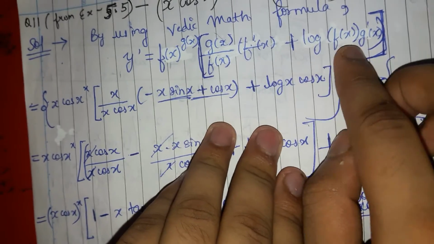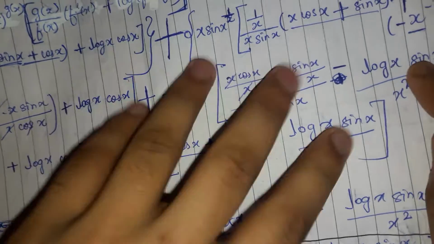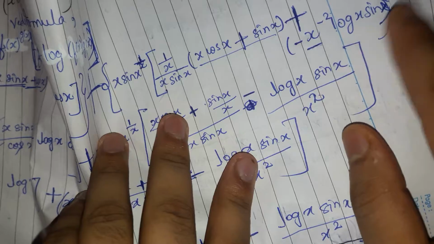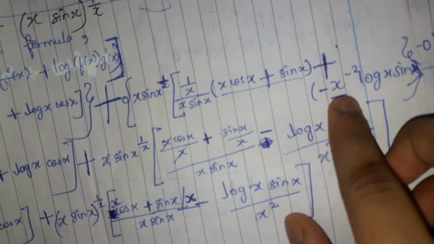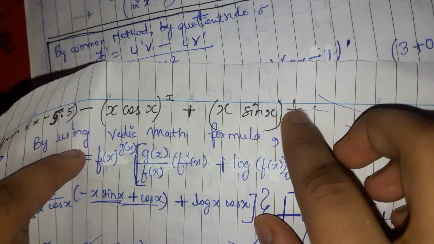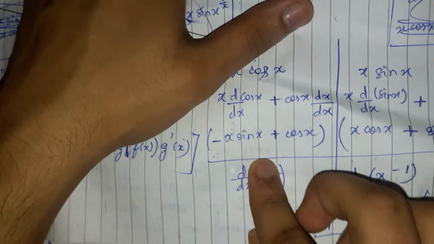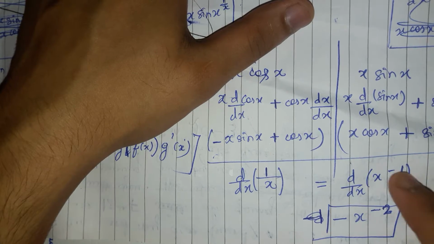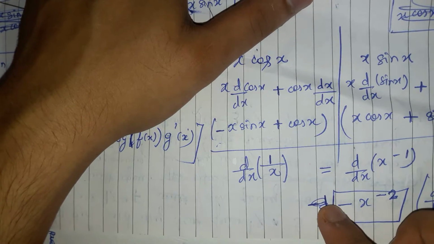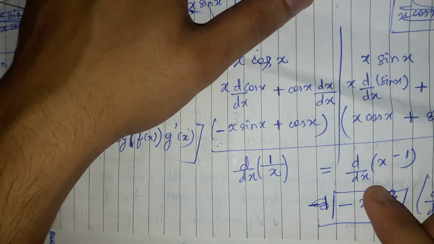Now log f(x). I have written it here. Then g dash x, the differentiation of 1 by x. You can see this also I solved in rough. 1 by x is x to the power minus 1, d/dx of x to the power n. Minus comes in front, x to the power minus 1 minus 1.